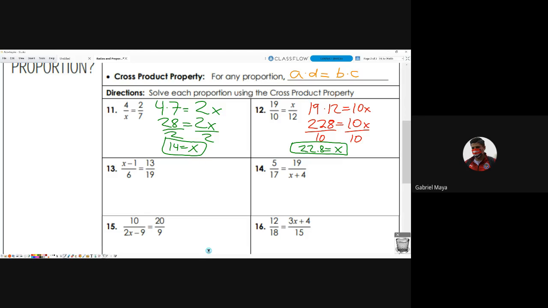So let's start off with that. Let's use red. No, let's use blue. So if you've got x minus 1 and you multiply that by 19, what does that give you?